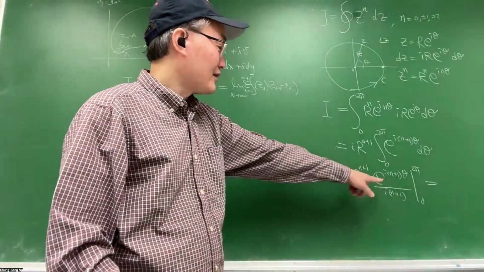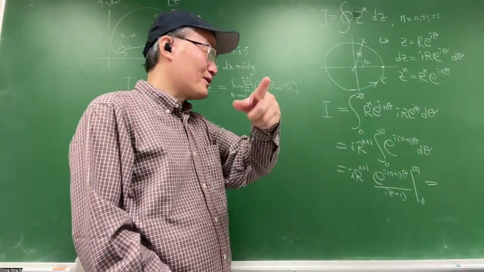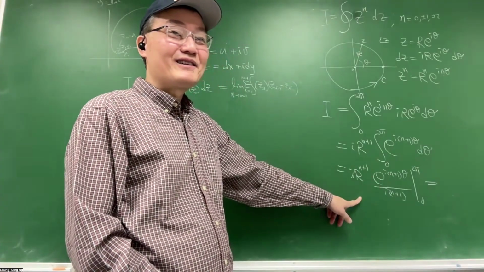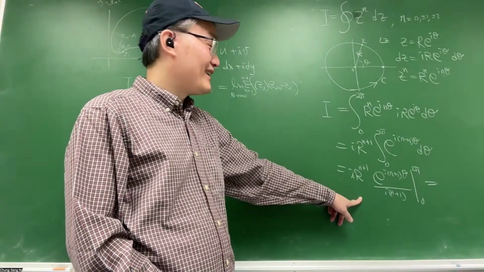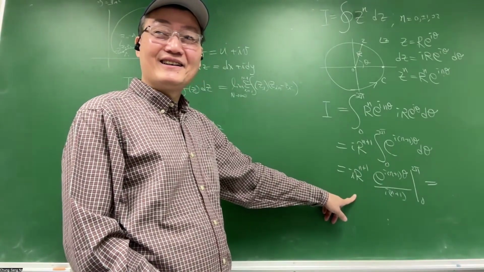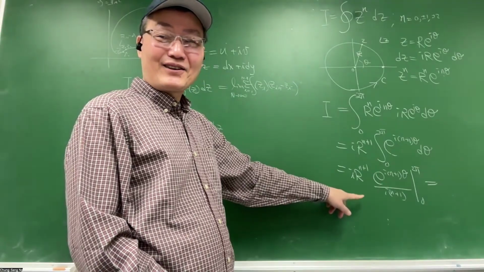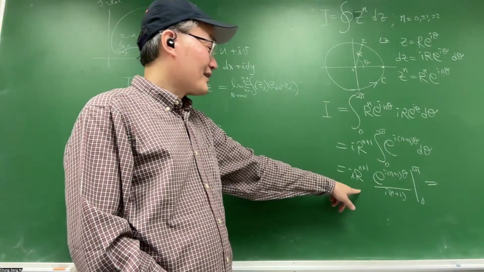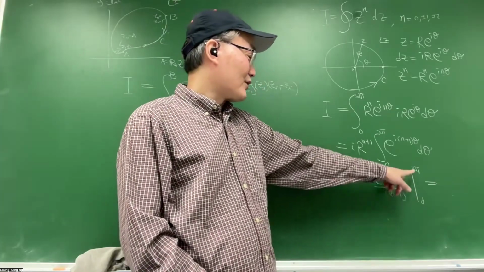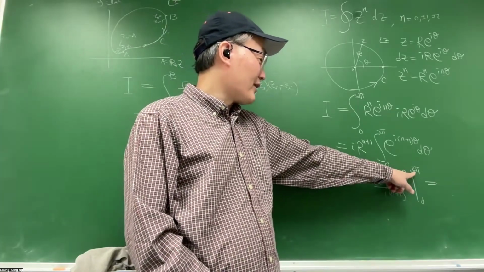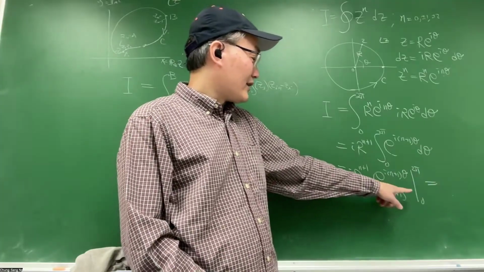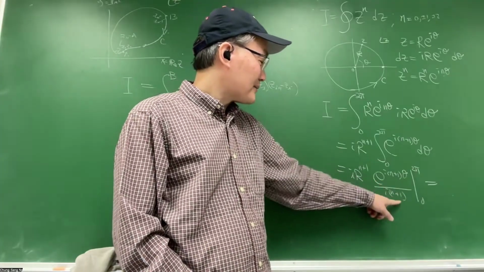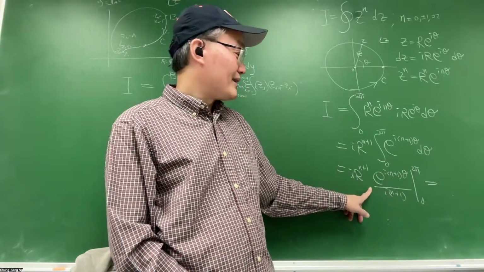Now, what is this? Can you see that right away? What is the value of this one? Evaluate at the two endpoints, at 2 pi, and then minus evaluate at 0.